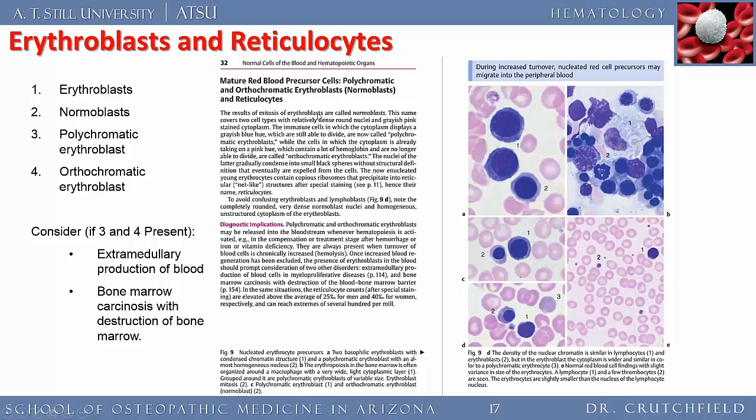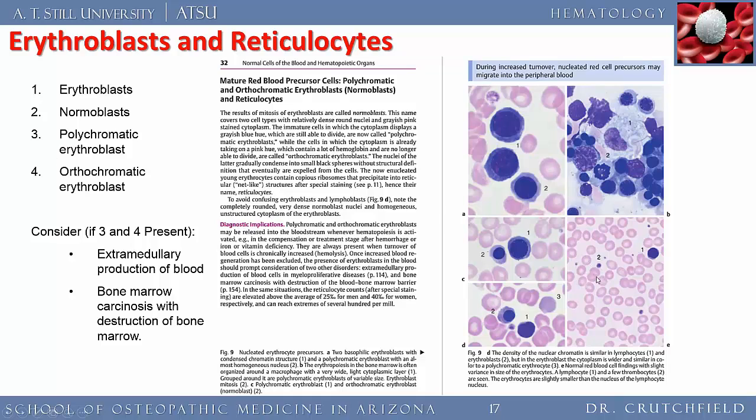The result of mitosis of an erythroblast is called a normoblast. And then the immature cells in the cytoplasm display a grayish blue hue, which are still able to divide, and those are called polychromatic erythroblasts. While the cells where the cytoplasm is already taking on a pink hue, which means it's got a lot of hemoglobin, are no longer able to divide.